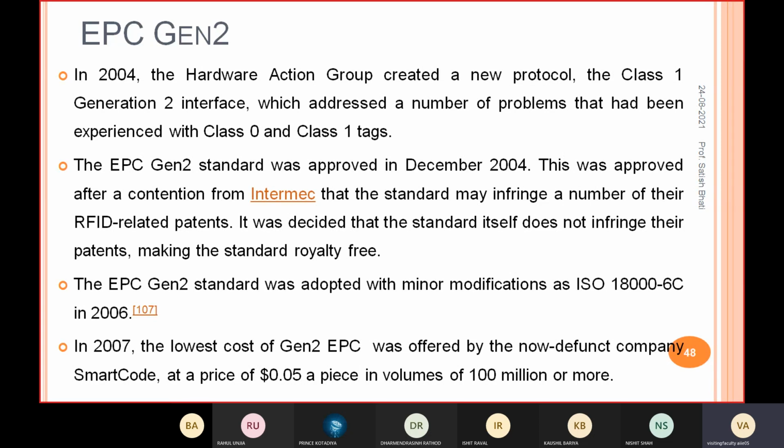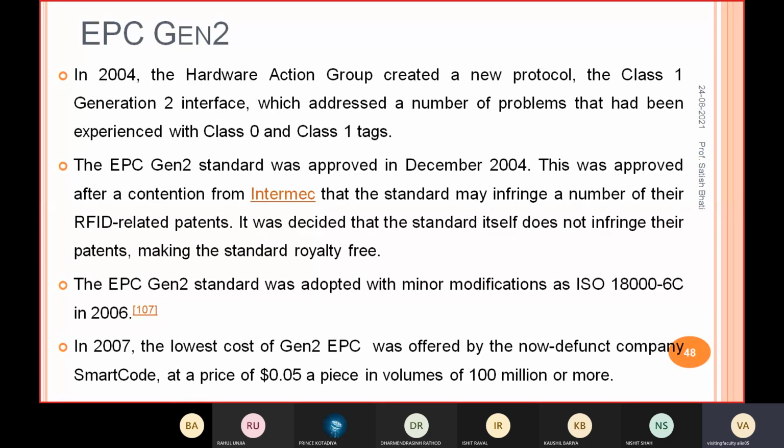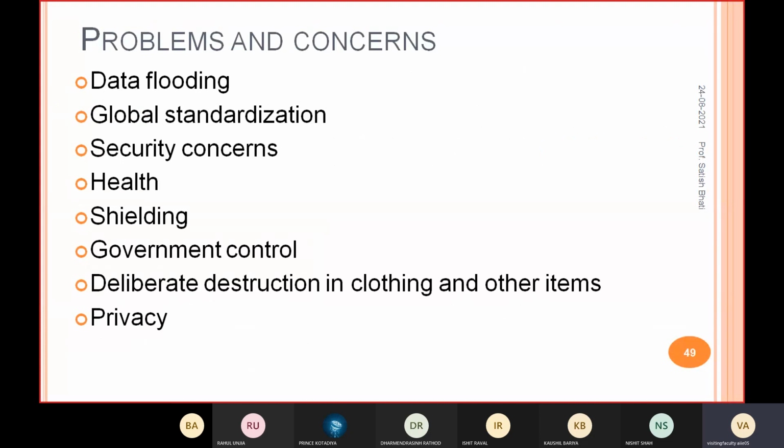In 2007, a low cost Gen 2 EPC tag was offered by the now defunct company Smartcode, at a price of about $0.05 per piece. So this is about EPC Gen 2 and the standards. A standard is generally defined based on the application, or based on which frequency you are using.